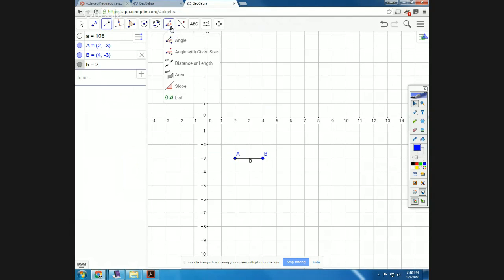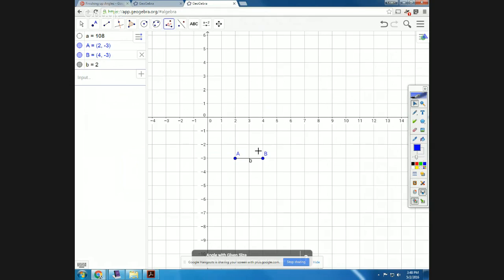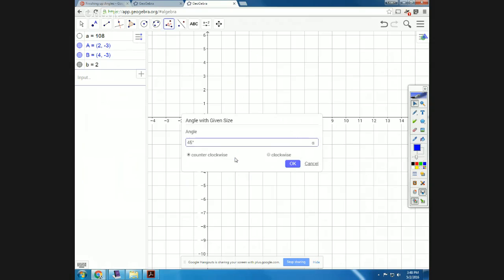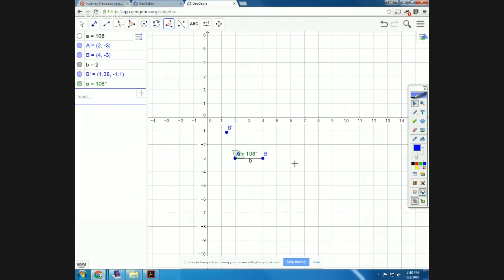And then I want to measure an angle of a given size from B through A. And I want it to be 108 degrees because I'm aiming toward equiangular. So I'm going to try and build equiangular but make the sides different. See if I can do it. I click OK, and here is that angle starting my pentagon.